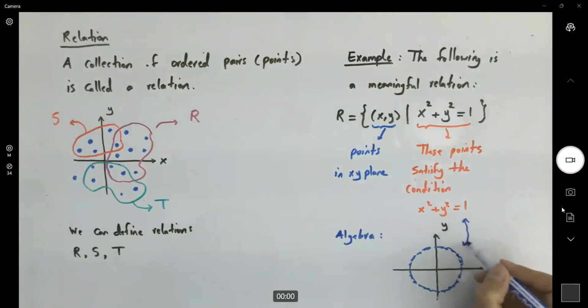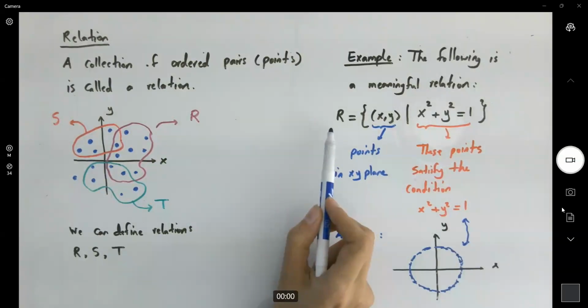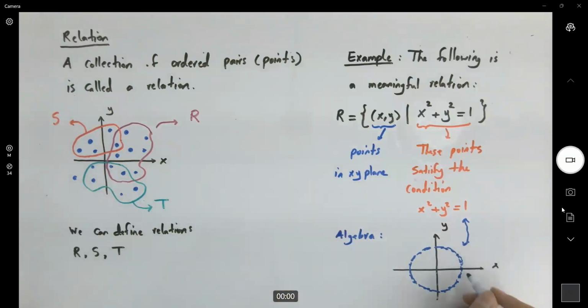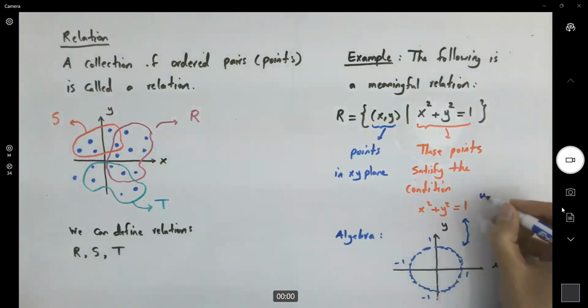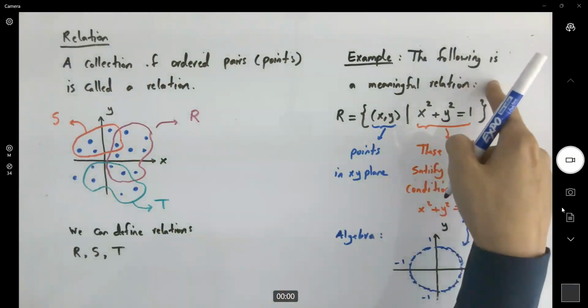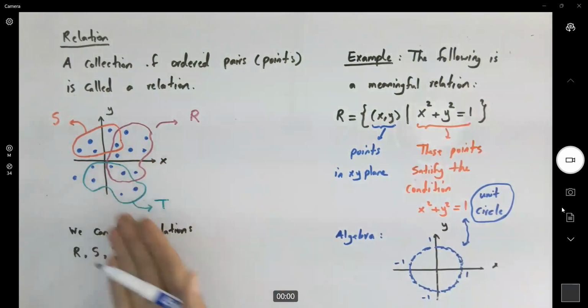This is this guy here, this condition here. So this relation represents a unit circle: 1, 1, -1, and -1. So some relations are meaningful, some others don't have any meaning.